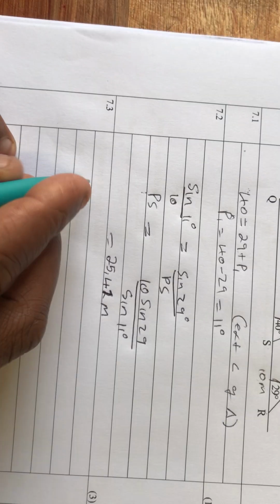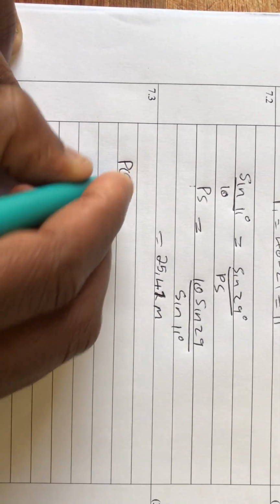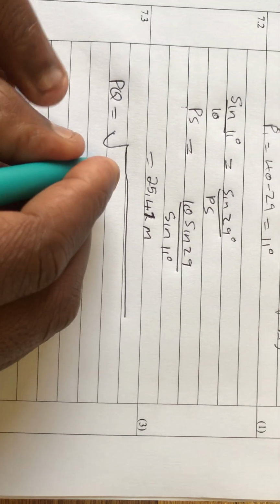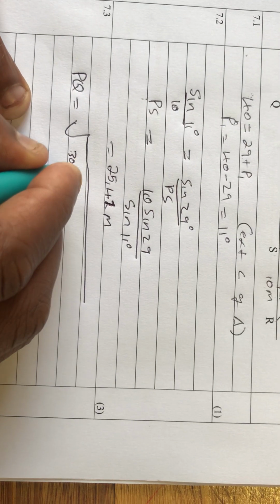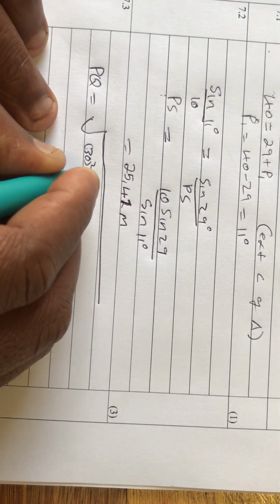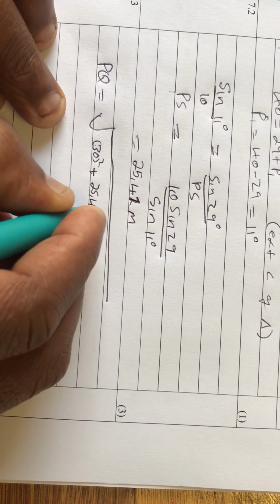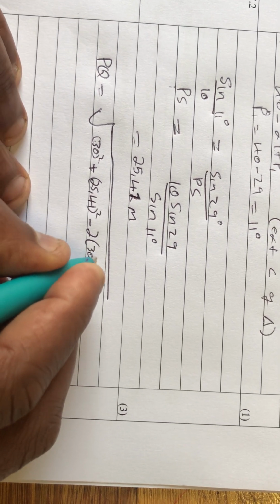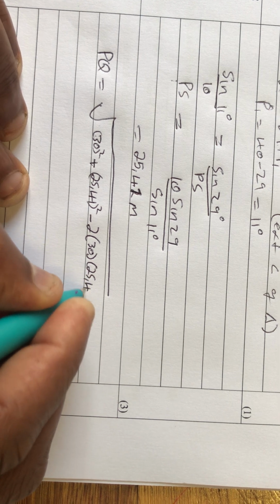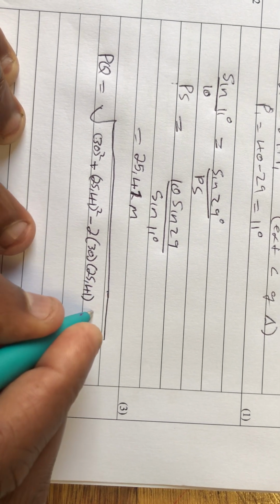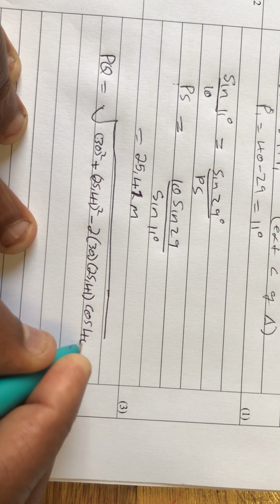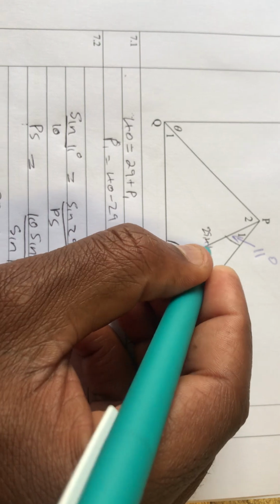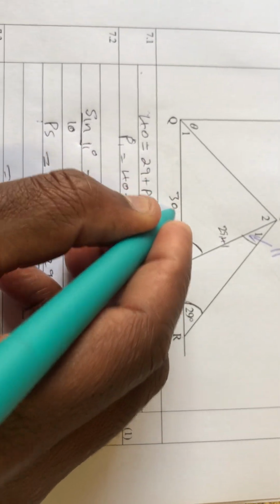Here you are going to say PQ equals the square root of 30 squared plus 25,41 squared minus 2 times 30 times 25,41 multiplied by the cos of 40 degrees, the angle that you are given here. So it's 25,41 and this is 30 meters.